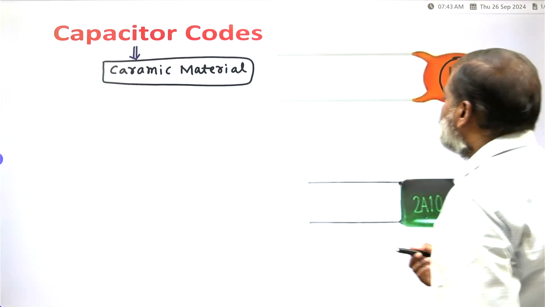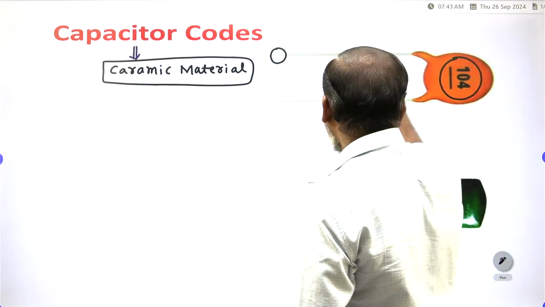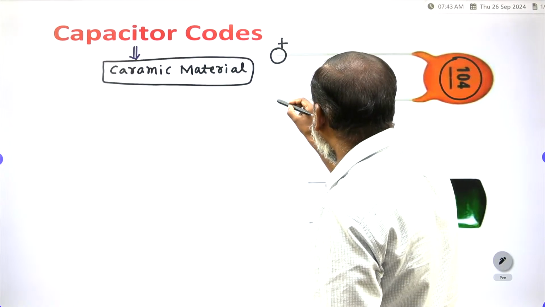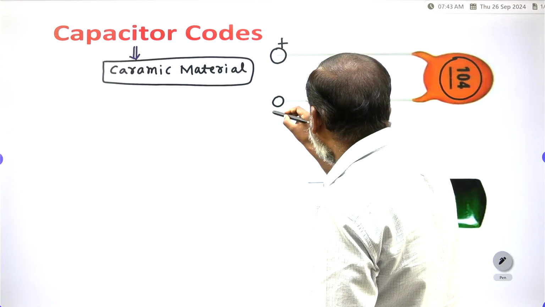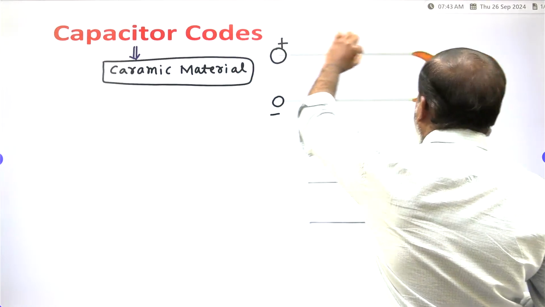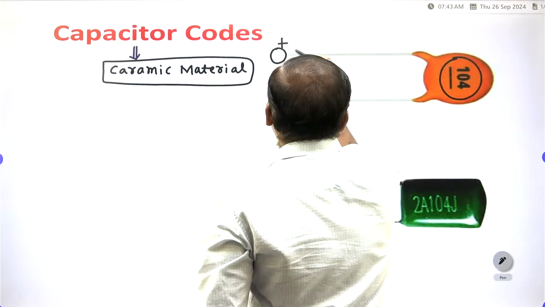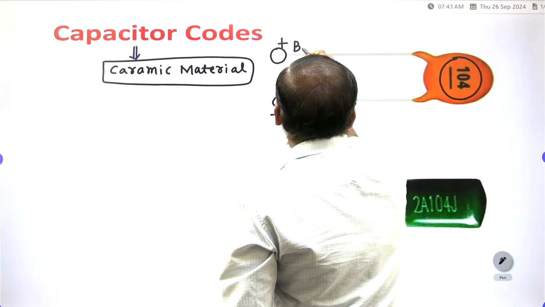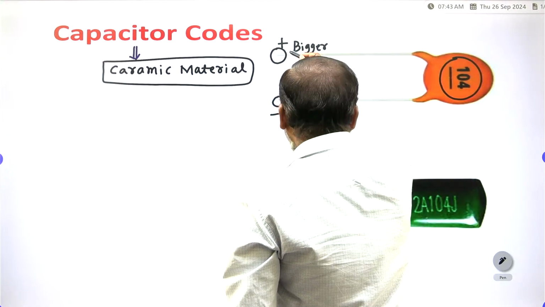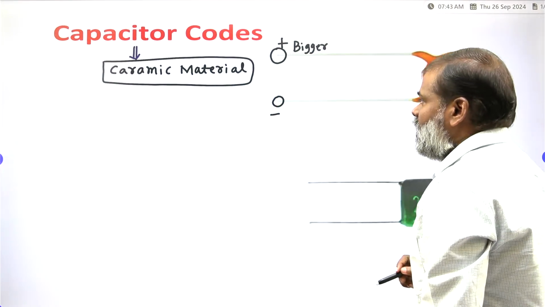That capacitor is a two-terminal capacitor. The terminals are not the same: whichever terminal is bigger, you have to consider as positive, and the smaller one compared to it, you have to take as negative.